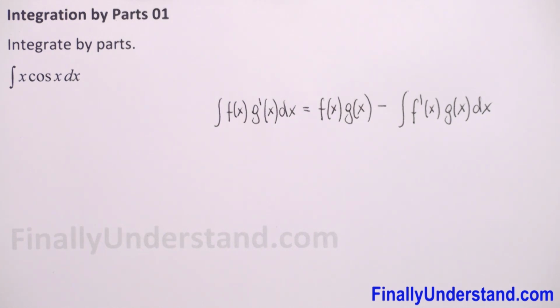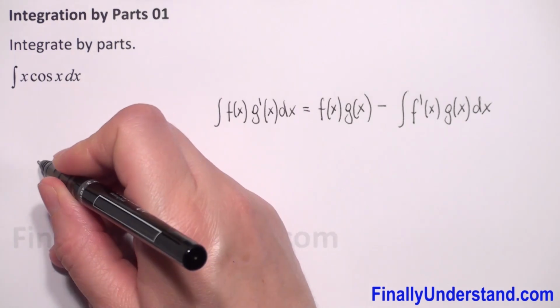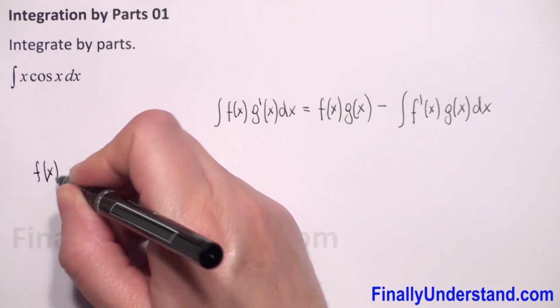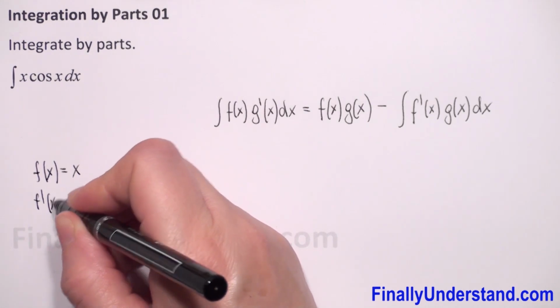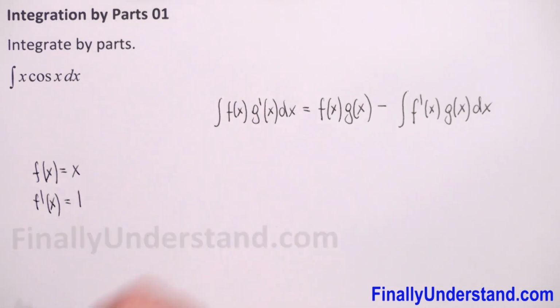Here we have x and cosine x. When we take the derivative of x, we will have 1. So we will put f of x equals x. F prime of x, the derivative of x, is 1.